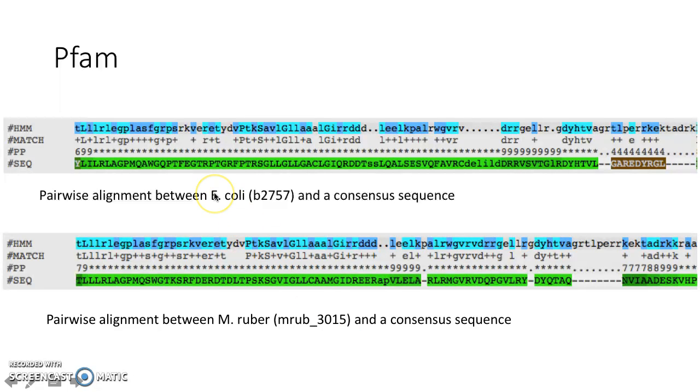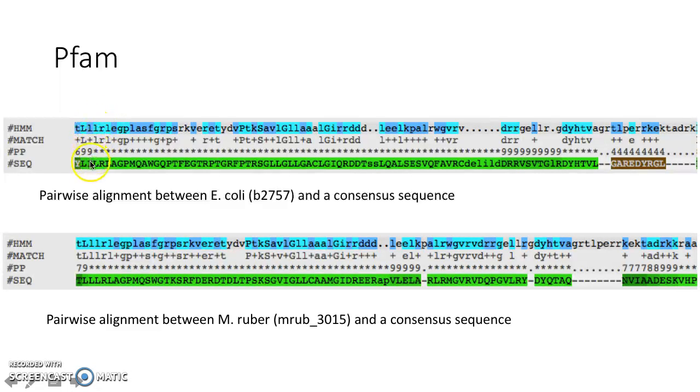This is the PFAM pairwise alignment. We're going to focus on E. coli first. E. coli is the pound HMM sequence, and the consensus is the pound sequence right here. What we're mostly focusing on is the light blue colorations. These are the conserved amino acids.